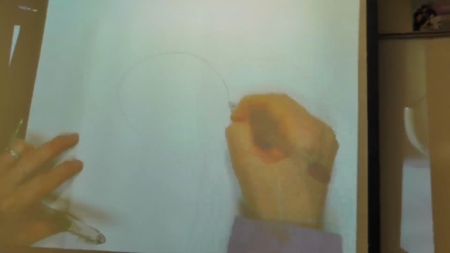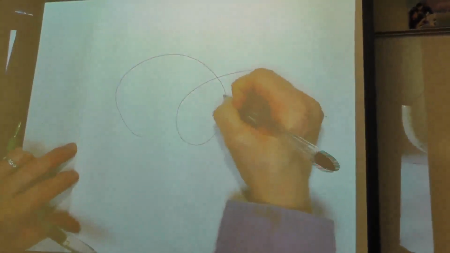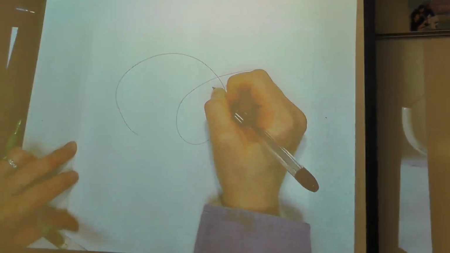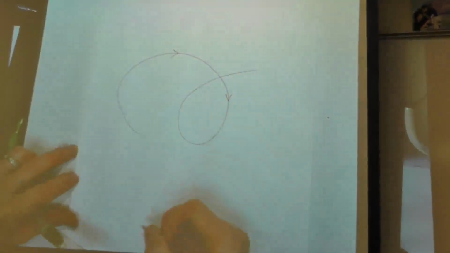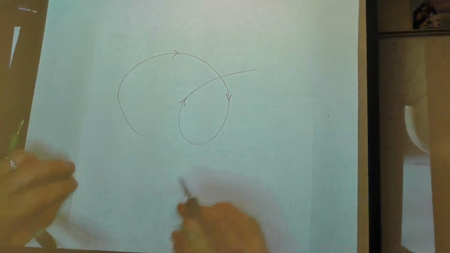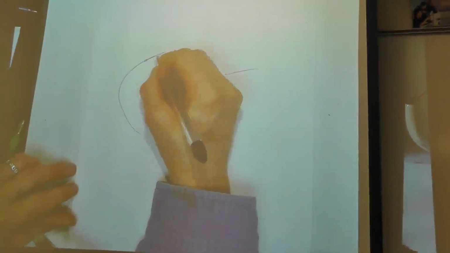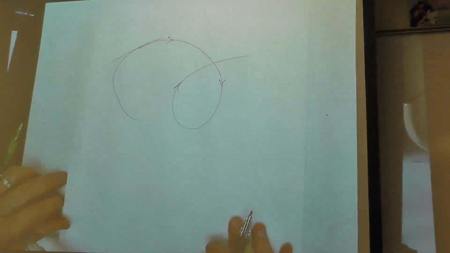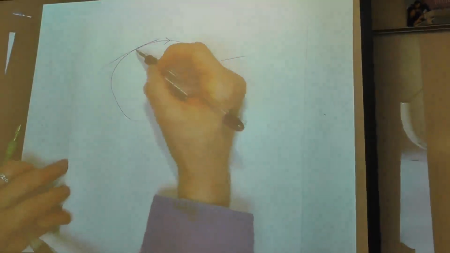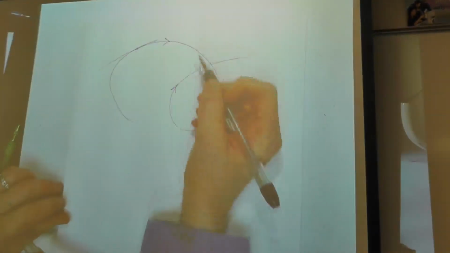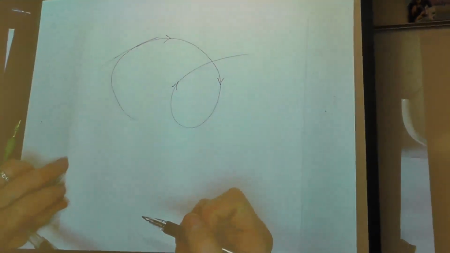If I have a curve like this, at any given point, you can sketch in the tangent line. The acceleration vector is going to lie beneath that line.